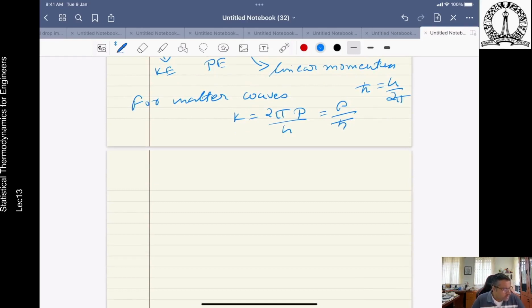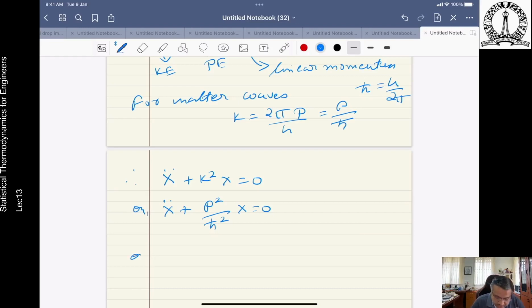Now that we have it, the first expression, if we look at it, is X double dot plus k squared X equal to 0. Or in other words, X double dot plus p squared by h bar squared X is equal to 0. This is the first after the separation of variables. One is spatial and one is temporal. That's how we look at it.